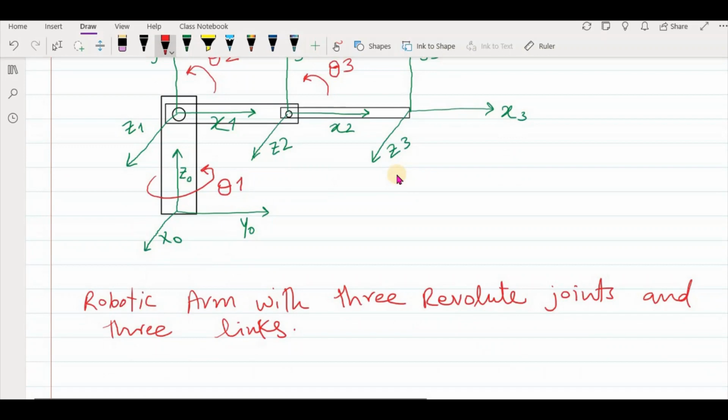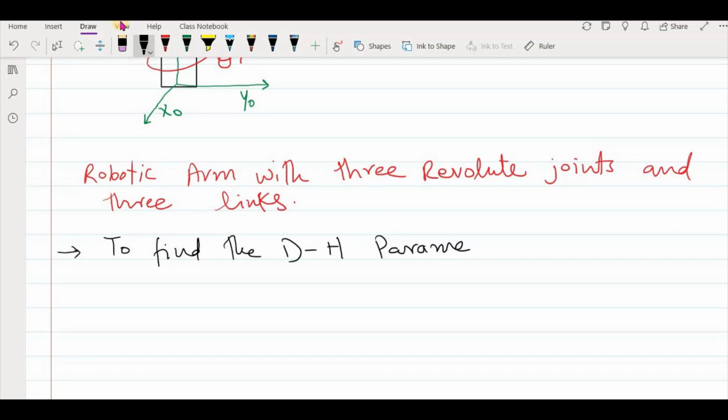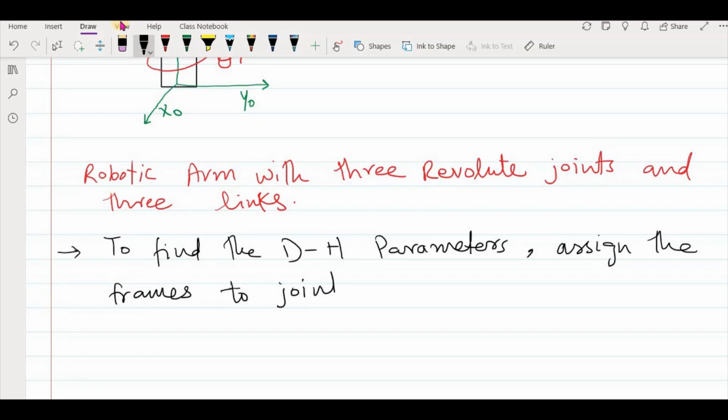So according to the first step, to find the DH parameters, assign the frames to joints according to DH notation.